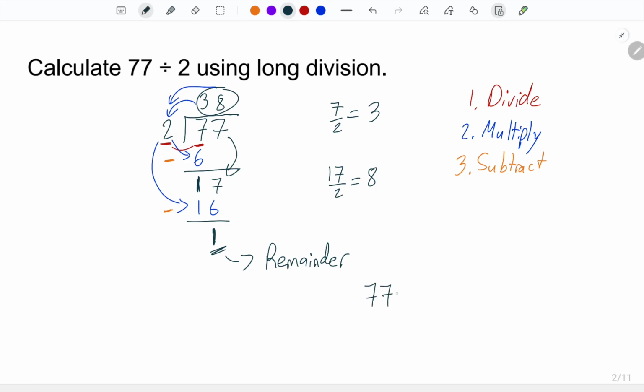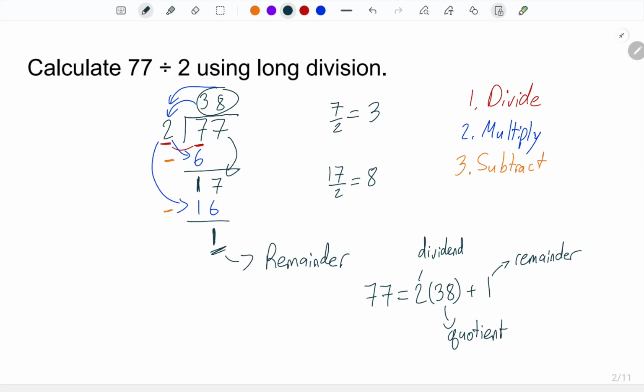So I could say 77 is equal to the divisor, which is 2, times the quotient, 38, plus 1, the remainder. So yeah, that's the terminology there: quotient, dividend, and remainder.